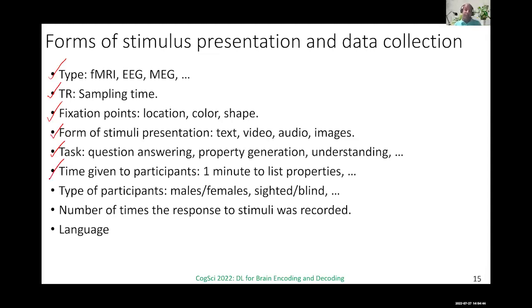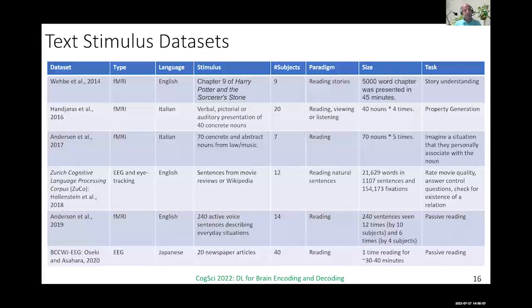Time given to participants, it could be anywhere from 1 minute to list the properties to even longer or shorter time periods. Oftentimes it's probably shorter so that the recording can be done more accurately. Right? Type of participants, different demographics. Number of times the response to stimuli was recorded, so as to have more confidence in the recordings. And then lastly, of course, language. So what is the language in which the stimulus is presented when it is text-based?